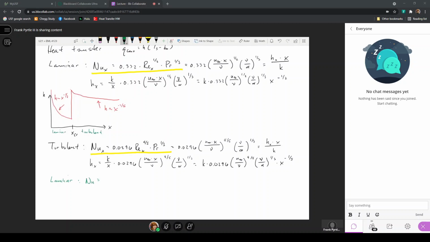The correlation used to find that average Nusselt number is 0.664 times the Reynolds number raised to the 1/2 times Prandtl number to the 1/3. This would be equal to the average heat transfer coefficient times the x position divided by the thermal conductivity. This gives you the average heat transfer coefficient from x equals 0 to whatever position, as long as that position is less than or equal to the transition point.